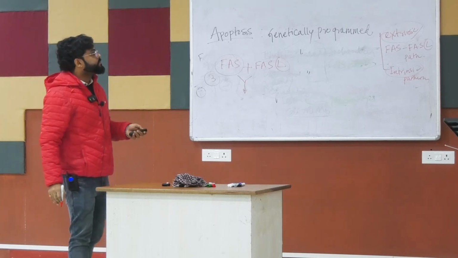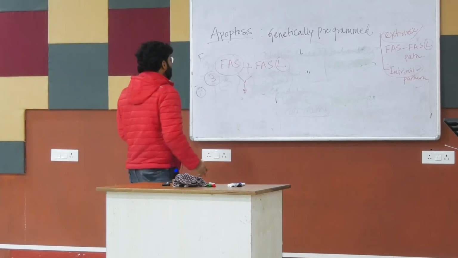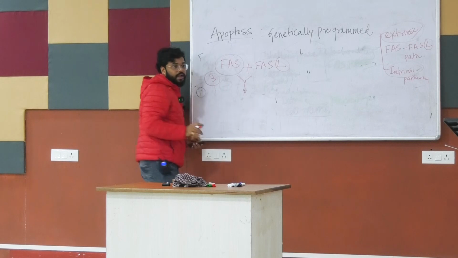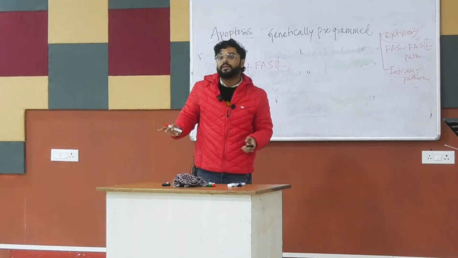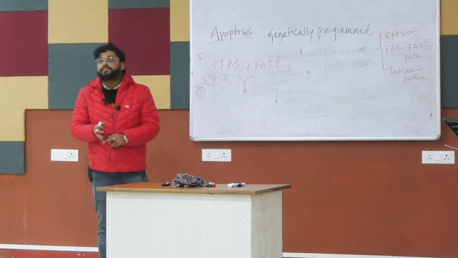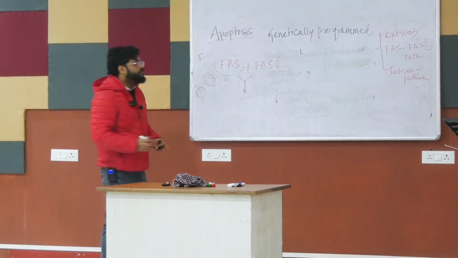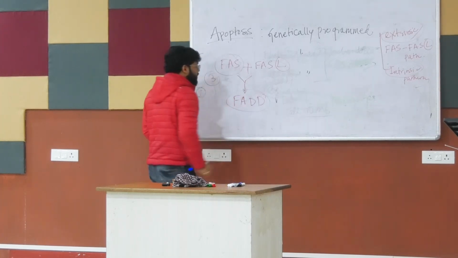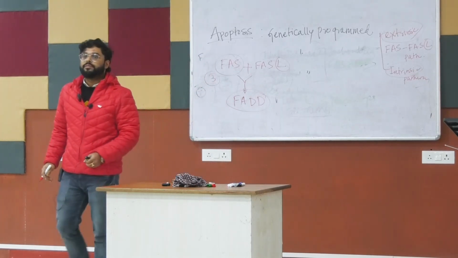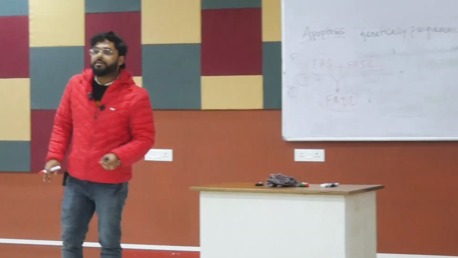In the next step, this Fas and Fas ligand combination ultimately binds with a death domain, which is known as Fas-associated death domain, FADD. This is present in the mitochondrial membrane.